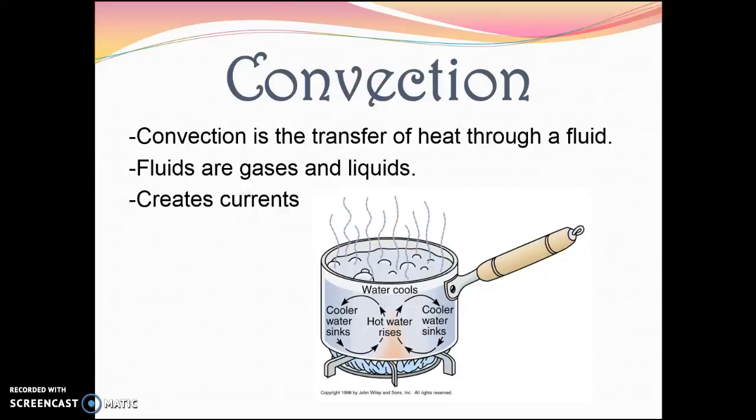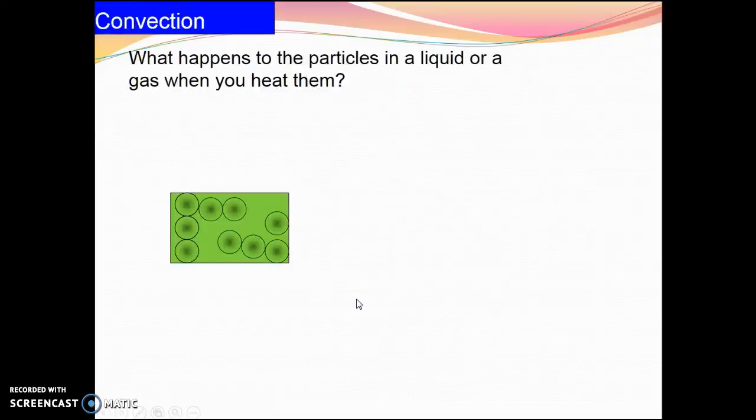That heat then drops and it rises again, so it creates this current. So cooler water is going to sink. In this case, it's going to heat up at the bottom by the heat source, and then it's going to rise, and that's called a convection current.